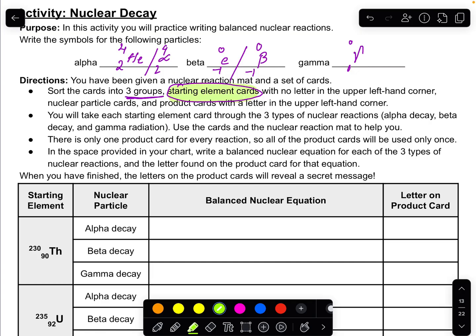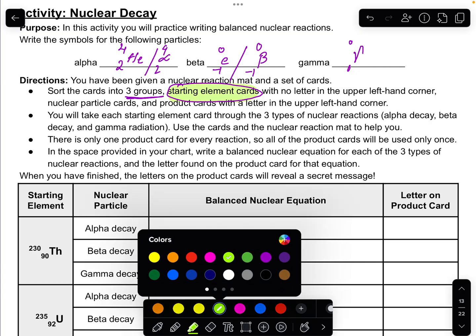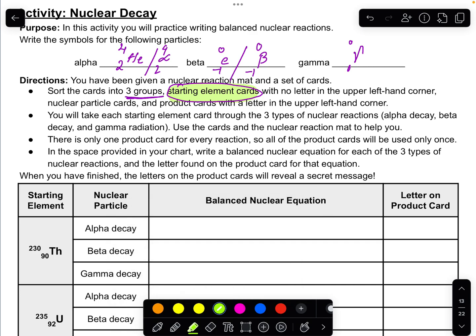Starting elements in one color, and product cards, which have a letter in their upper left hand corner. Sort them into different groups. Then you will also have particle cards, alpha, beta, gamma. There are only 3 cards.